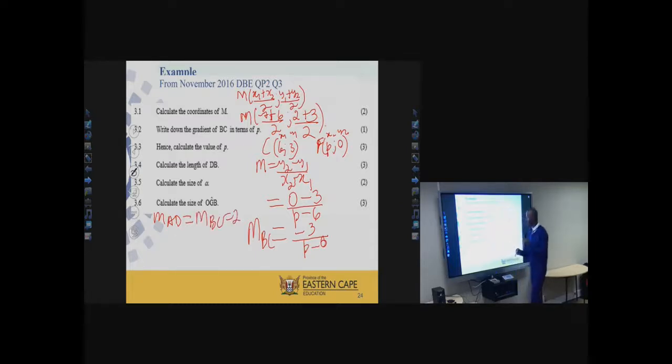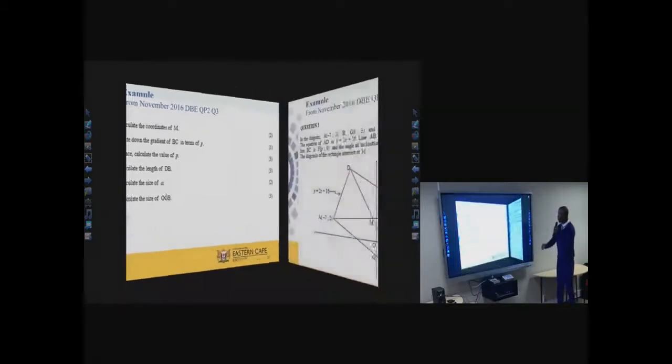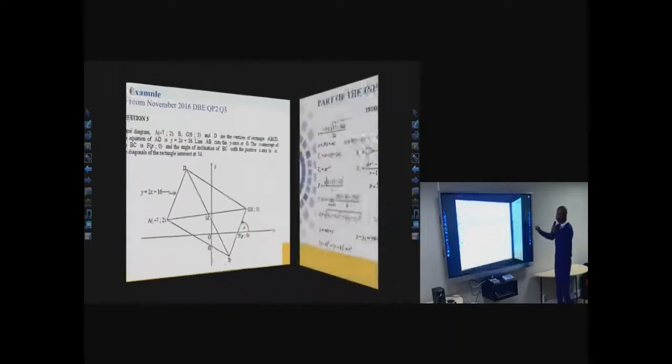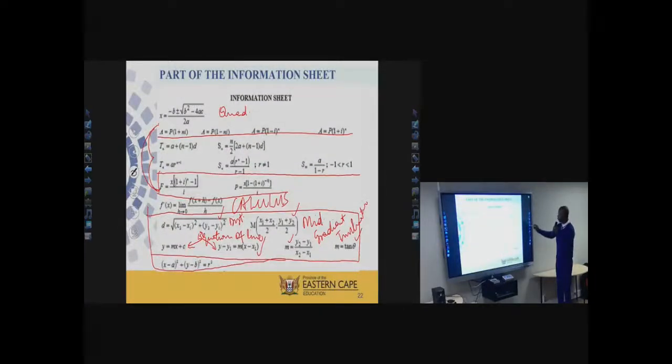Why? It's because AD is parallel to BC. But remember, you don't have to write this in analytical geometry. We don't expect you to give reasons for your statements in analytical geometry. Then when you are in Euclidean geometry, you will have to write your reasons why that is the case. So can you see now the importance of the properties of a rectangle?